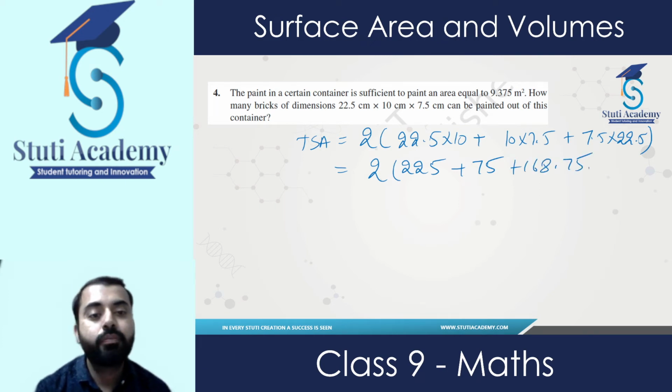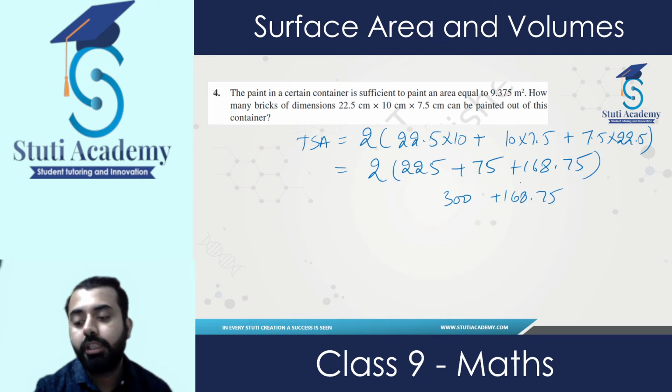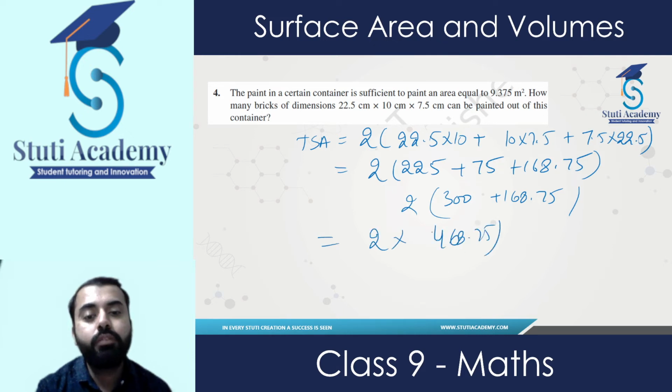You add them, 50 plus 75 plus 37.5 will give you 162.5, and so on. After solving this, each and everything here is 2 into 460.5 multiplying with 2, getting 937.5 centimeters.